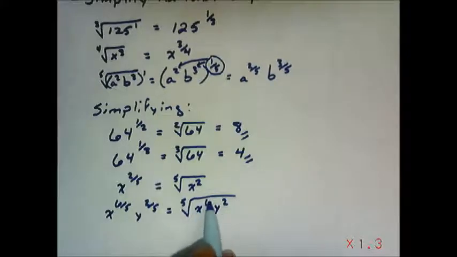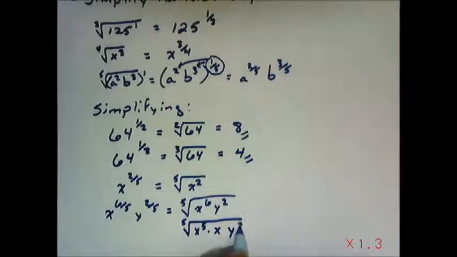X to the 6th, since my exponent is larger than my index, I can go ahead and break this apart into a perfect fifth. Remember, if the exponent is divisible by the index, it's a perfect root. So I'm going to start decreasing this until I get to an exponent that's divisible by 5. So I have x to the 5th times x. Remember, 5 plus my 1 gives me 6, and my y squared.